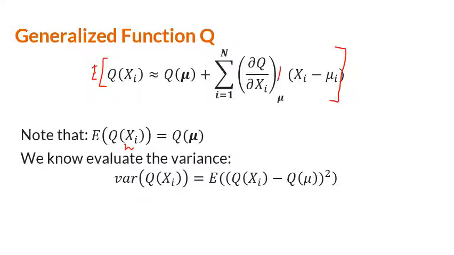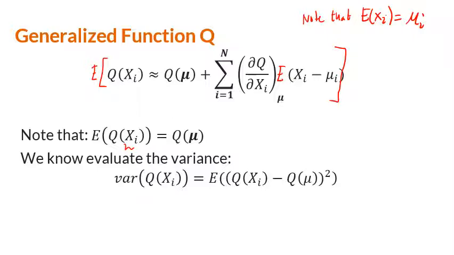If we evaluate the expectation value of x sub i minus mu sub i, note that the expectation value of x sub i is equal to mu sub i, for your variable x sub i.